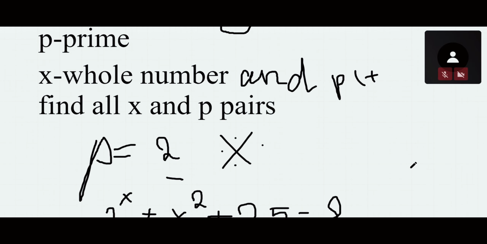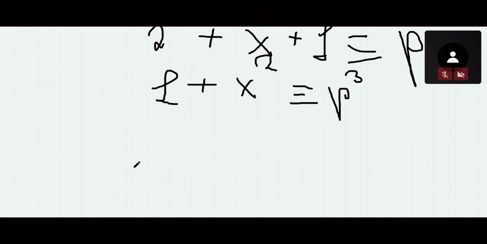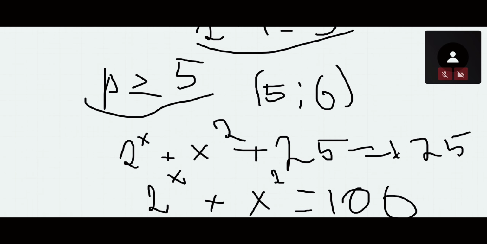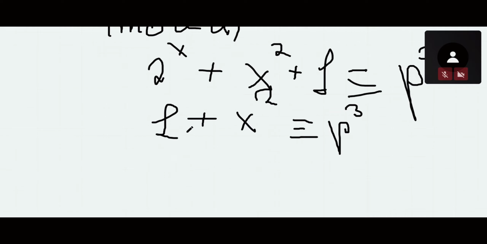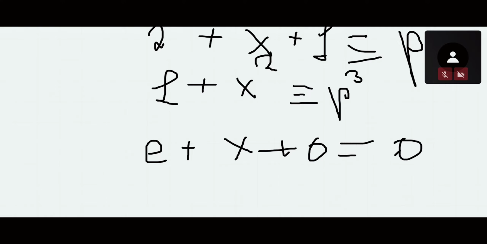We know that p needs to be an odd number, because we checked p equal to 2, which was the even prime, and the rest of the prime numbers are odd. 2 to the power of x is always even, x squared we don't know yet, and 25 is odd, and p cubed is also odd.